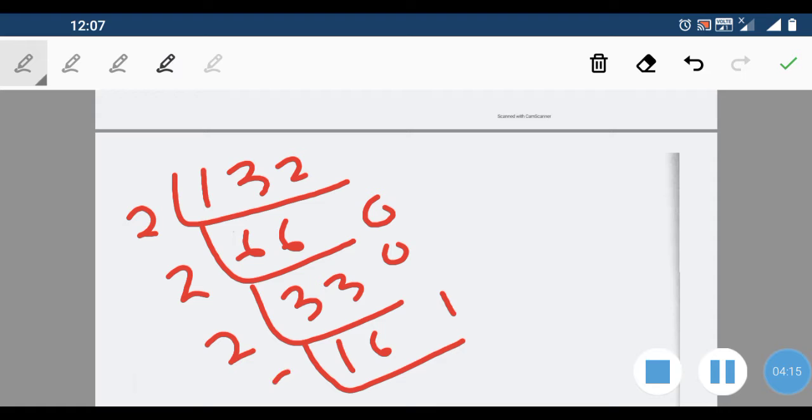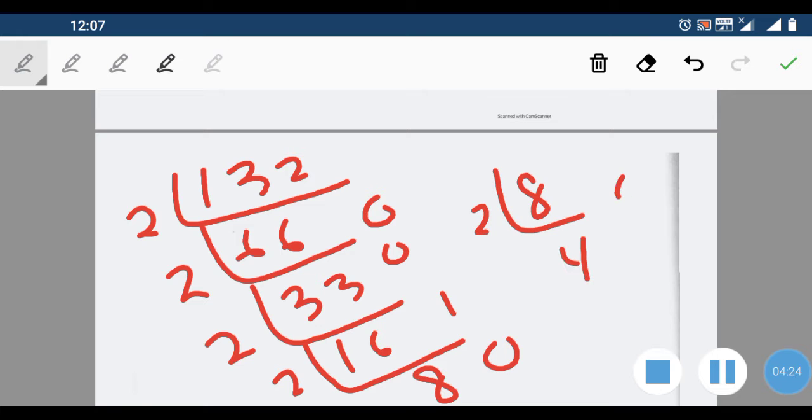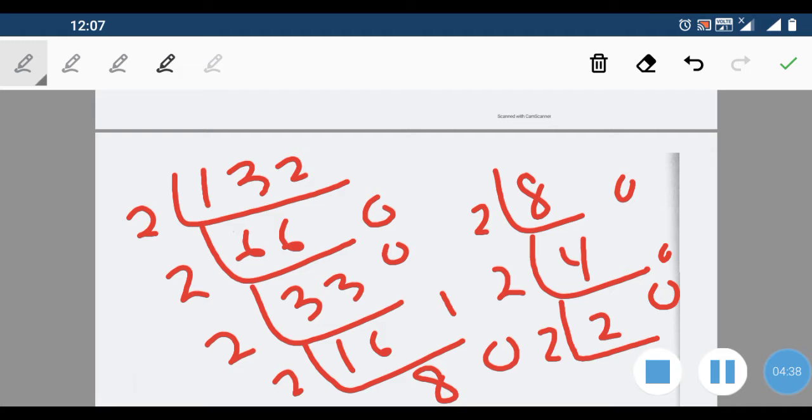Then 16 divided by 2 gives 8 with the remainder 0. Then 8 divided by 2 gives 4 with the remainder 0. Then again divide by 2, you get 2 with the remainder 0. Then again divide by 2, the answer is 1 with the remainder 0, and the final answer is 1.